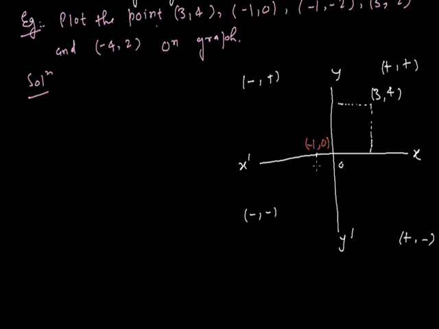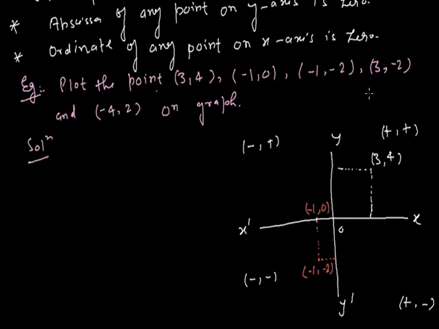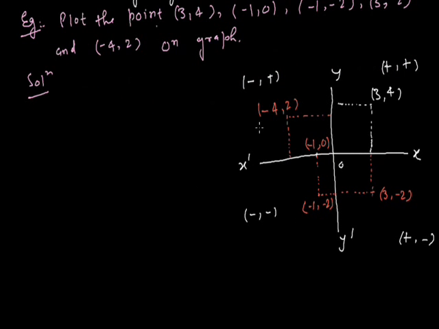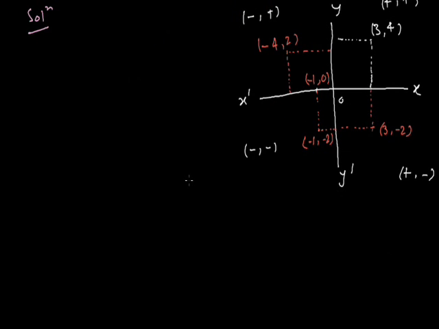Both abscissa and ordinate are negative, so this point will be in the third quadrant. Similarly, if we draw the point (3, -2), we get this point in the fourth quadrant, and the point (-4, 2) will be in the second quadrant. These are the points plotted in the Cartesian plane.